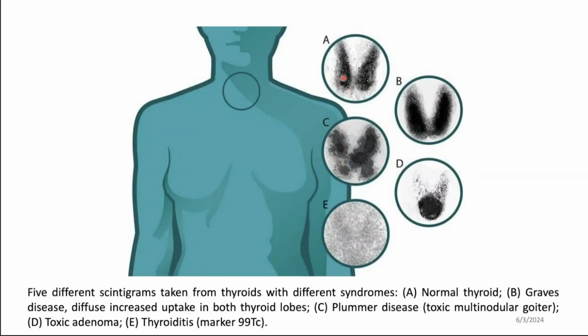We have normal thyroid, Graves' disease, multinodular goiter, solitary toxic adenoma, and very poor uptake diffusely in the gland, which in this case can be seen with active thyroiditis.